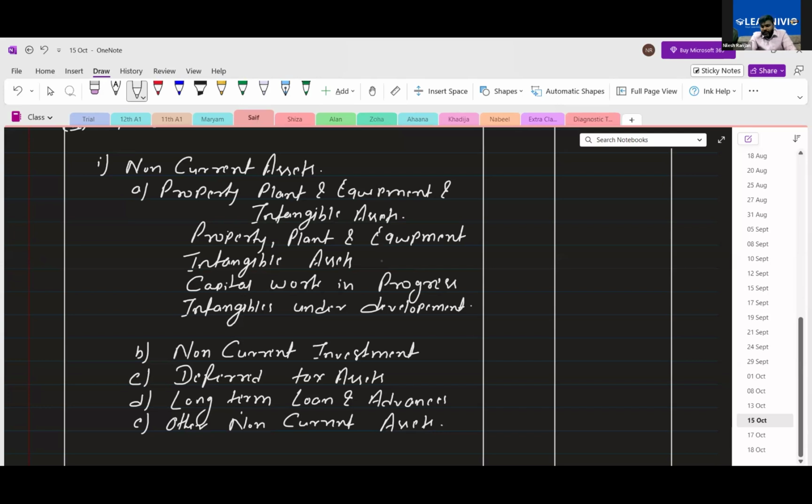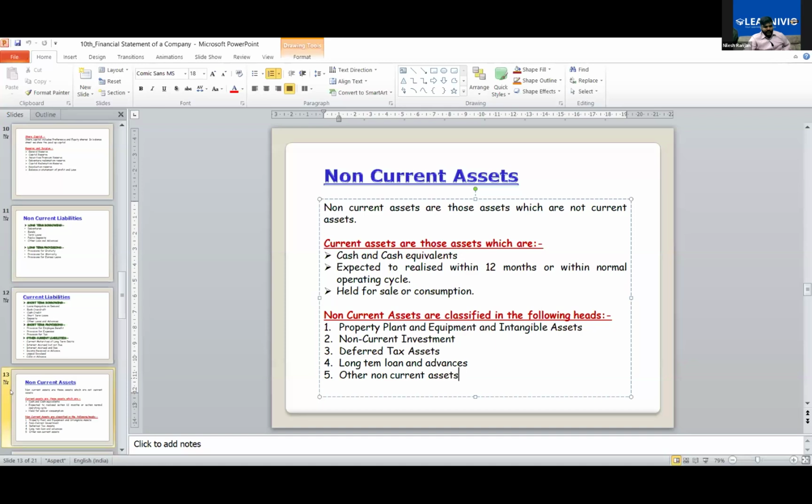Then capital work in progress, there are some assets which are long term in nature and still not completed. It is work in progress. So that is what is called capital work in progress. The fourth item is intangibles under development, like some software which is under development. There are some patents for which the item is not developed yet. It is not ready for sale. So all these assets will come under this.